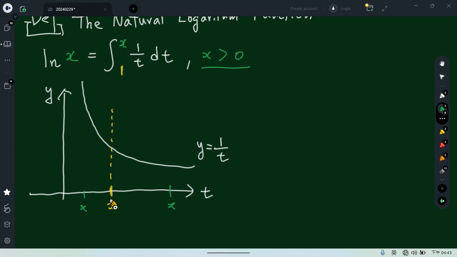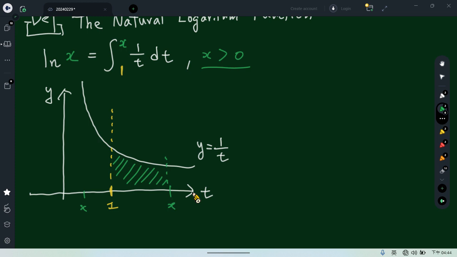If x is larger than 1, the function value you can regard as the area under this curve above the x-axis. If you want to calculate this, it can be regarded as calculating the area under this curve from 1 to x. Did you remember when the integrand is a positive function?